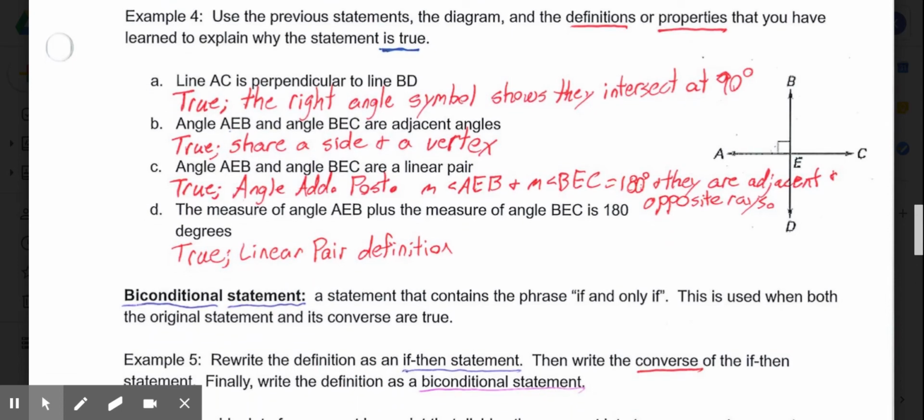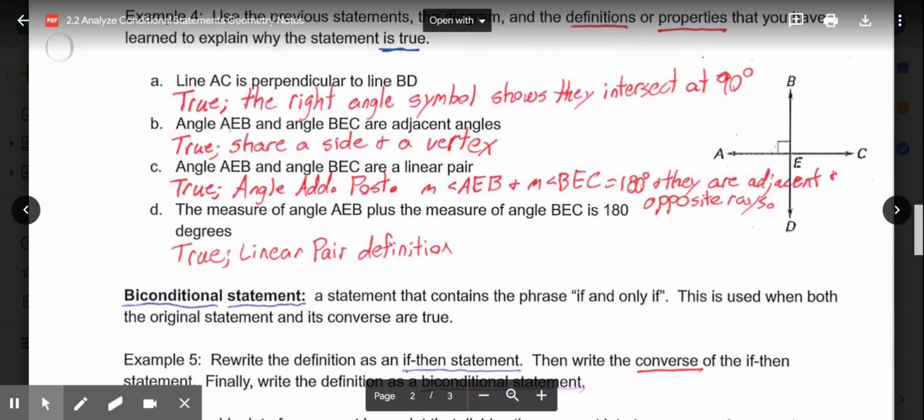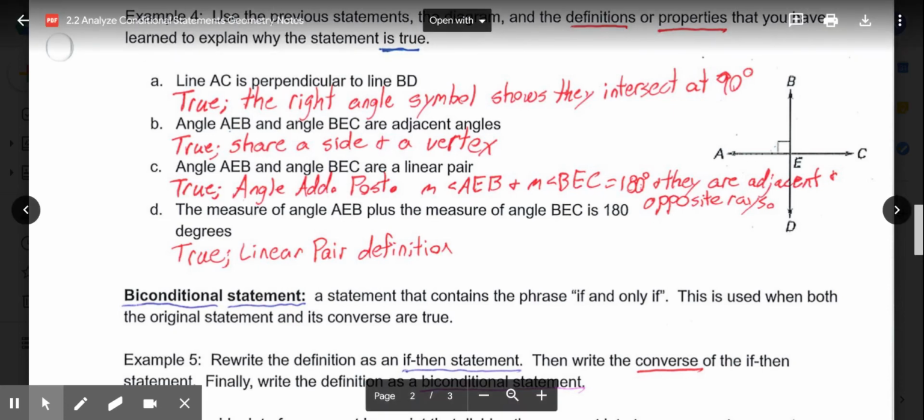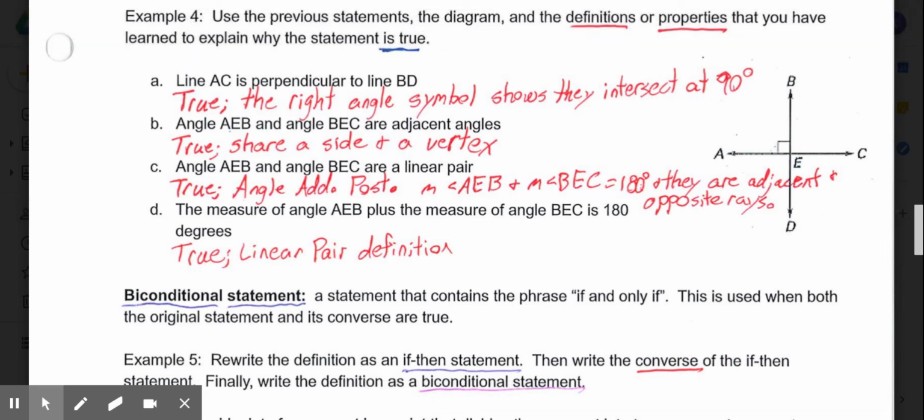And in D, the measure of angle AEB, right here, plus BEC, is 180 degrees. That's also true because if they are a linear pair, lines are 180 degrees, so based on that definition of a linear pair, these lines add to 180.